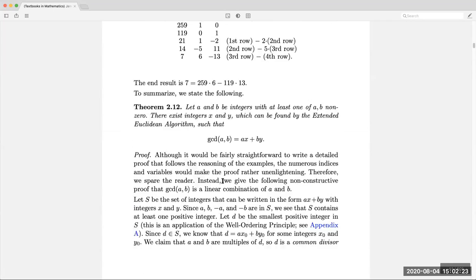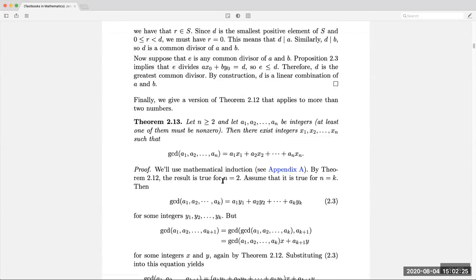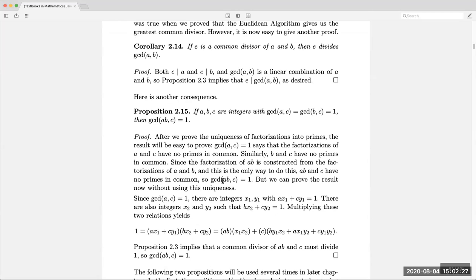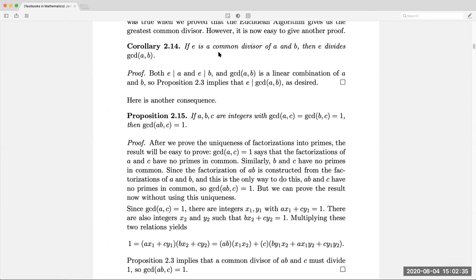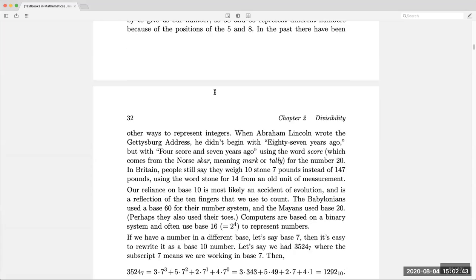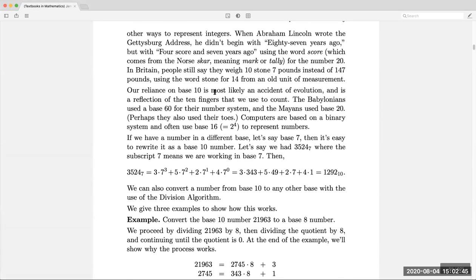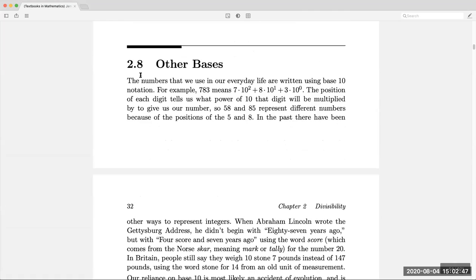And also, let's have a look at other bases.